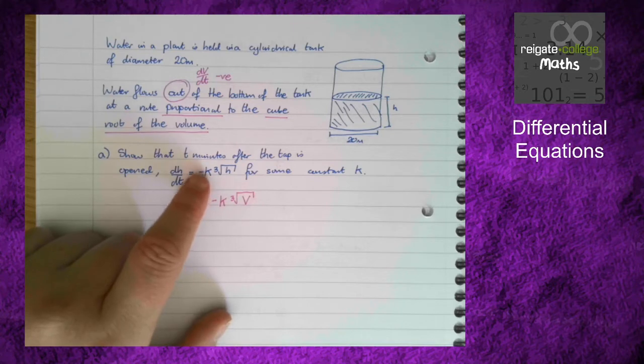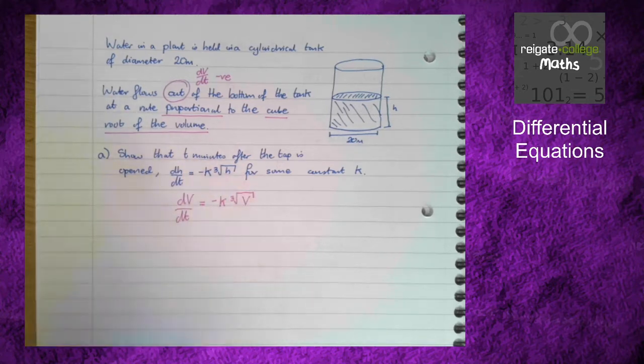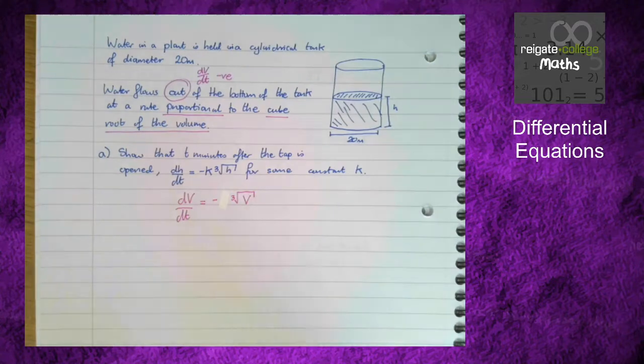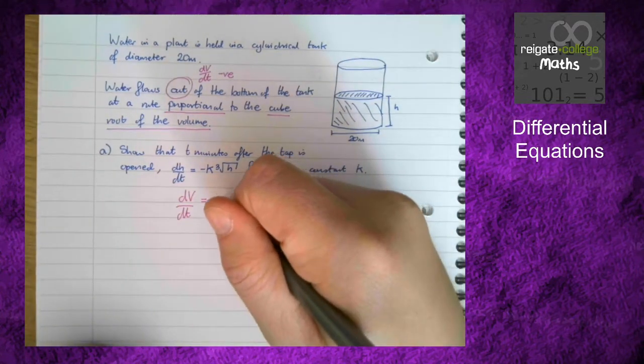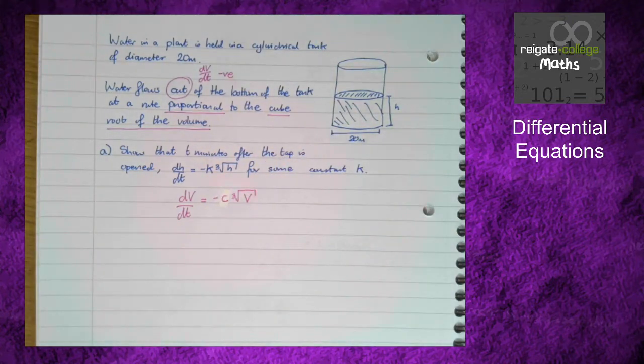This is not this. So the variable that we use here should be different. So we're going to change it for a different letter. Let's just use c for the sake of argument.